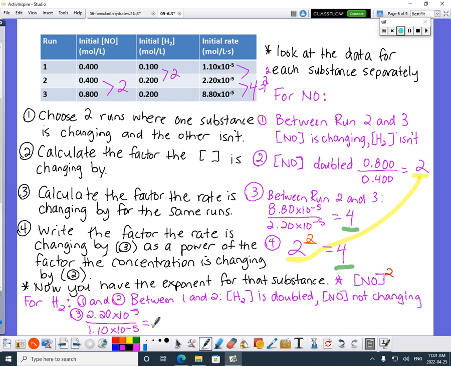2.2 times 10 to the negative 5 divided by 1.1 times 10 to the negative 5 is also 2. Okay, so then we're going to do the same thing. We're going to write 2 as a power of 2, which means 2 to the power of 1.